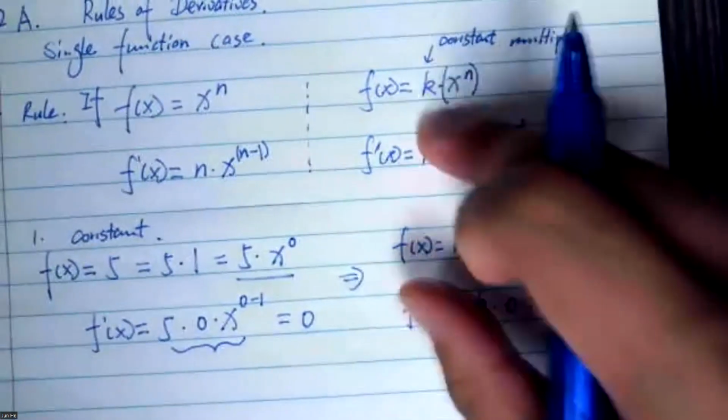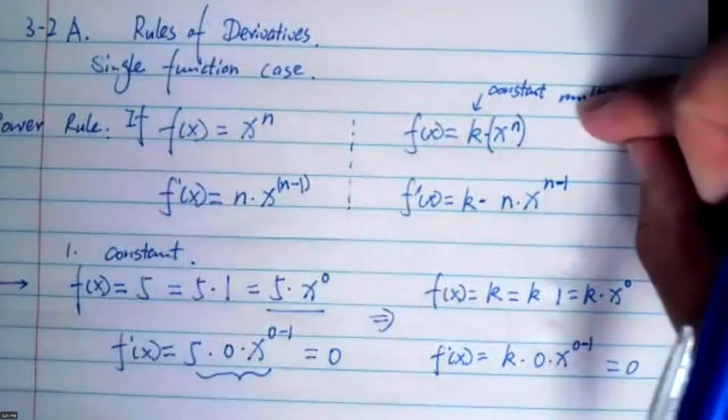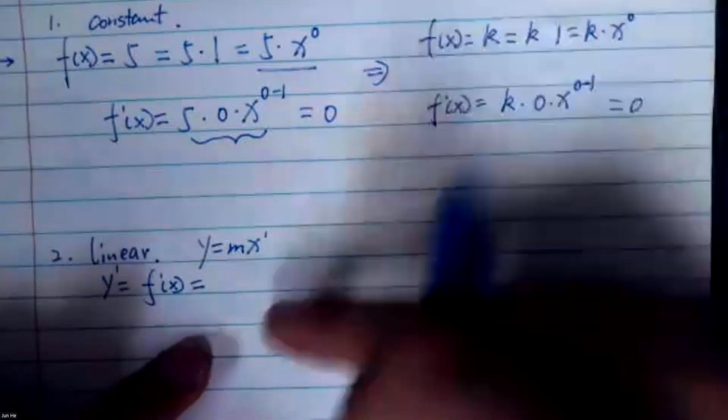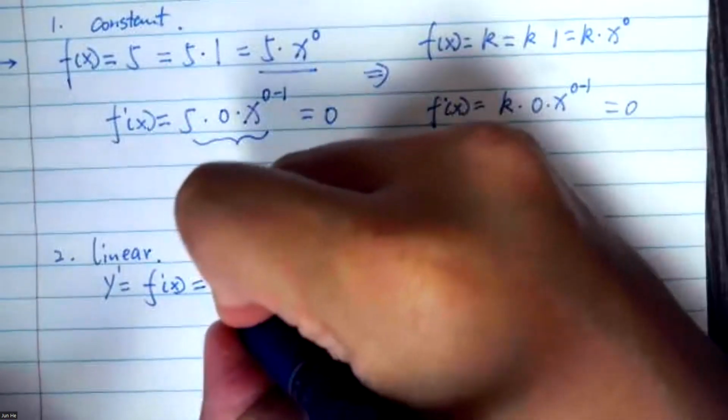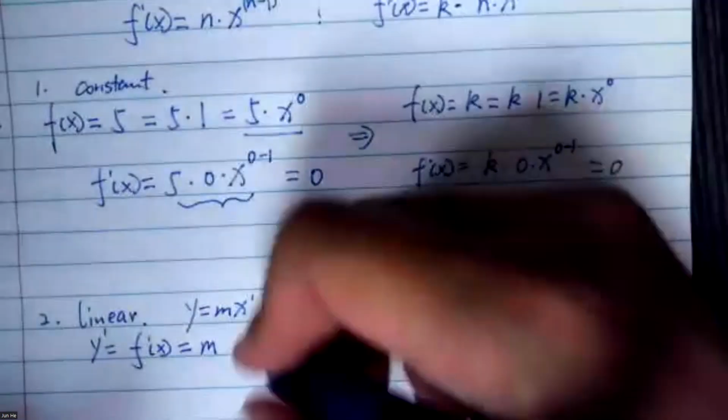So now we just apply this power rule. In this case, k, which is the constant multiplier, is your m, right? And the n is 1.